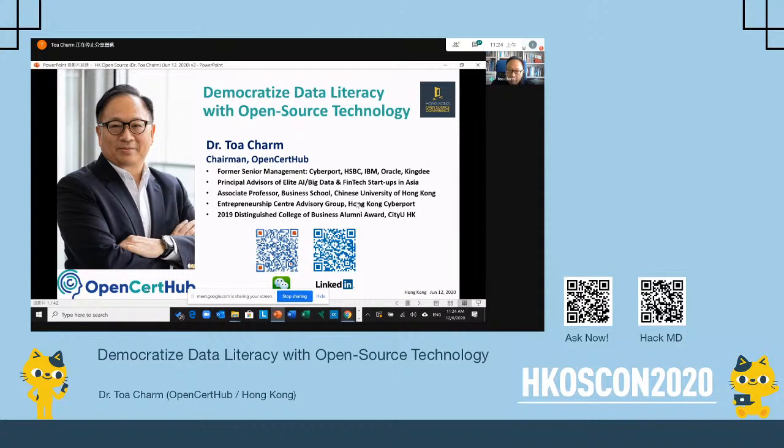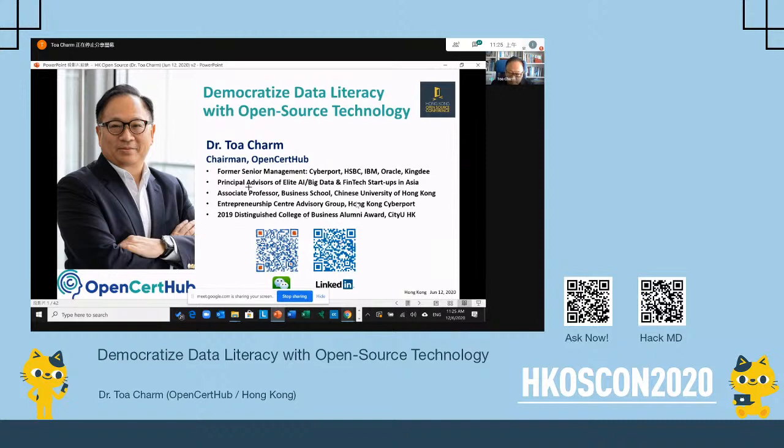I'm the former Cyberport Chief Public Mission Officer, and I have also worked for pretty large companies: HSBC, IBM, Oracle, and Kingdee. Right now I'm a professor at CU Hong Kong, and I'm also participating in different startups, particularly in AI, big data and fintech in Asia.